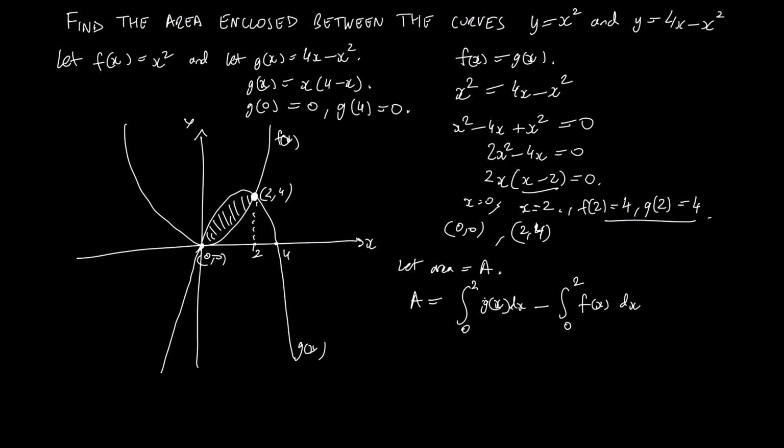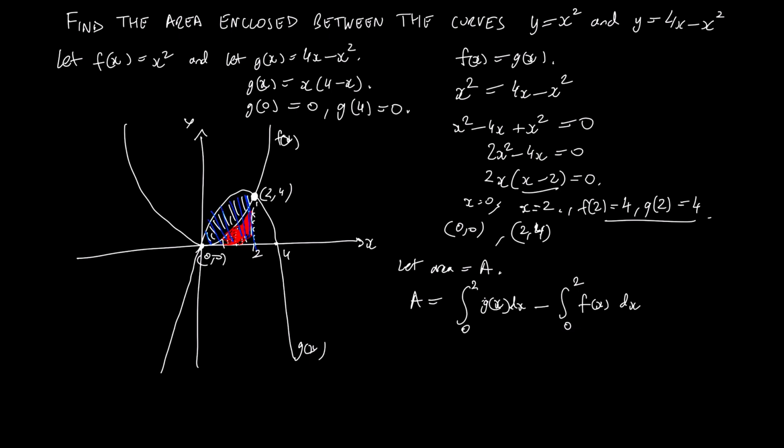And the reason that is because, as you can see, under f of x is this area here, right? Tell you what, I'll draw in a different color to make it easy for you. Here, this red area, that's the area under f of x. And the area under g of x is this entire region.